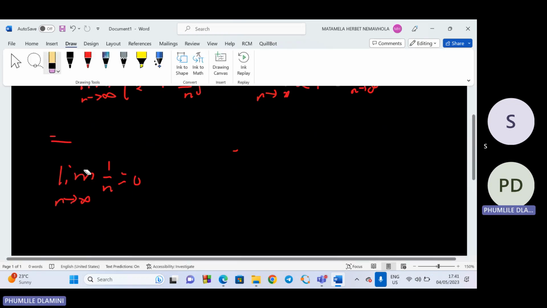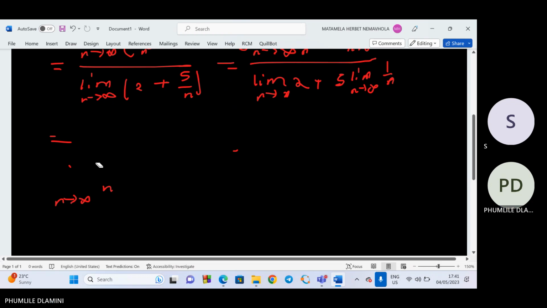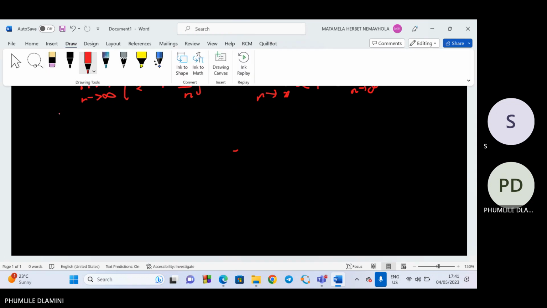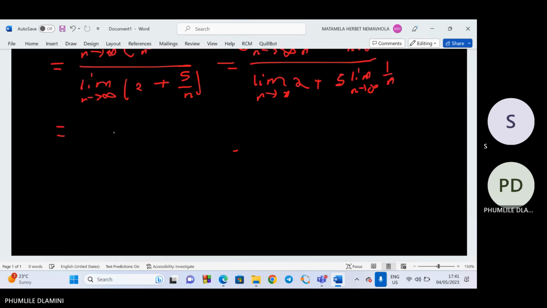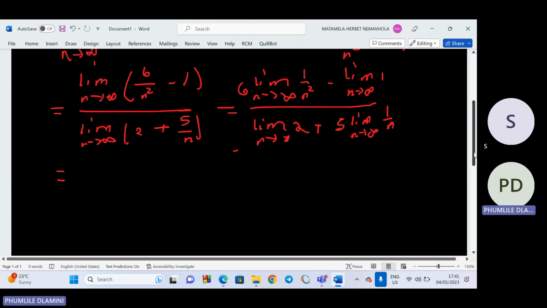This is going to be equal to, if we check here in our limit, we know that this one is going to be 0.